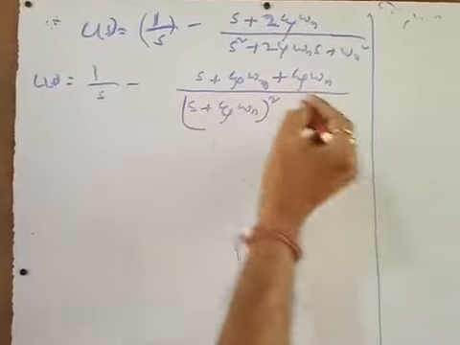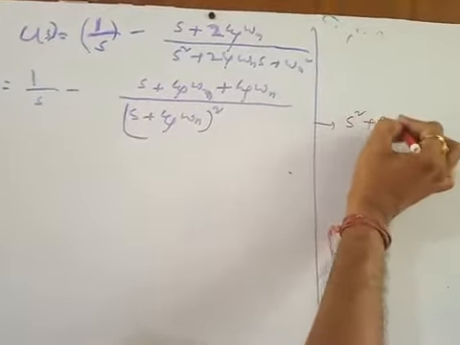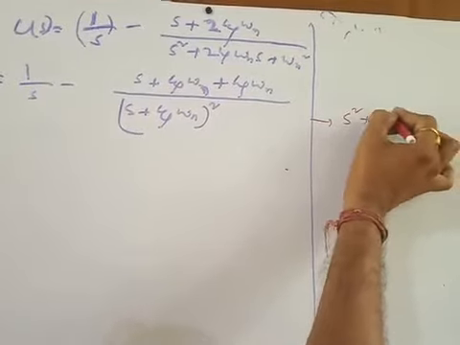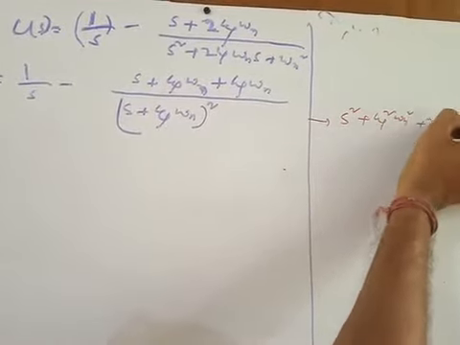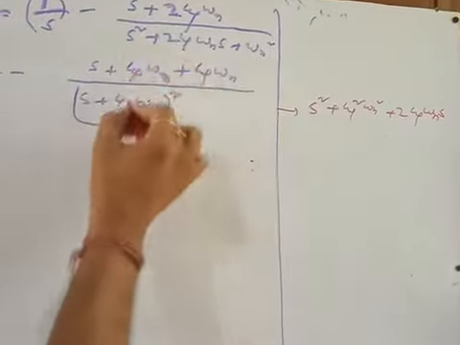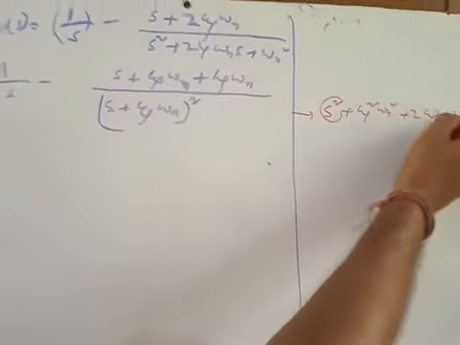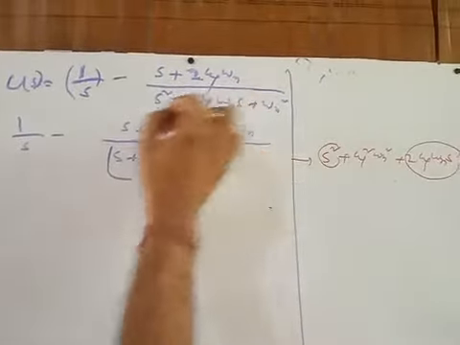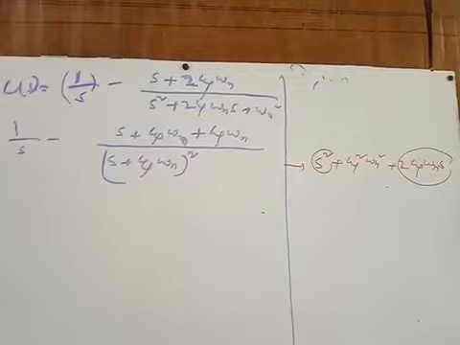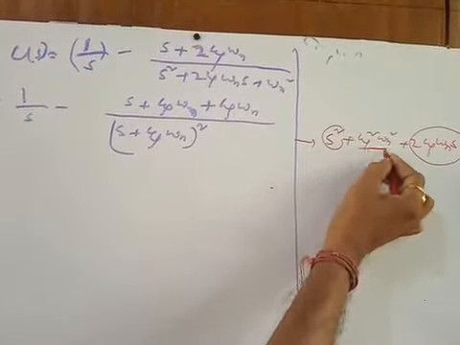If you expand it, you get s square plus xi square omega n square plus 2 xi omega n s. Now what are the common factors in the denominator? s square exists, 2 xi omega n s exists, and this is your omega n square.